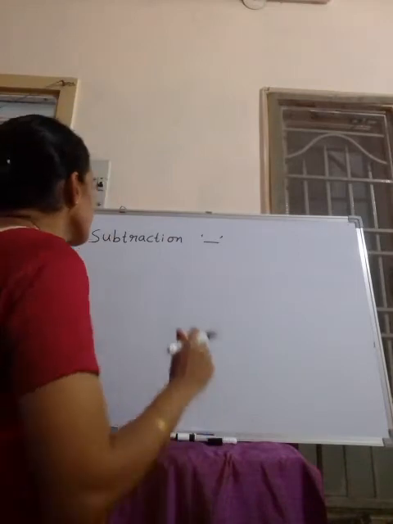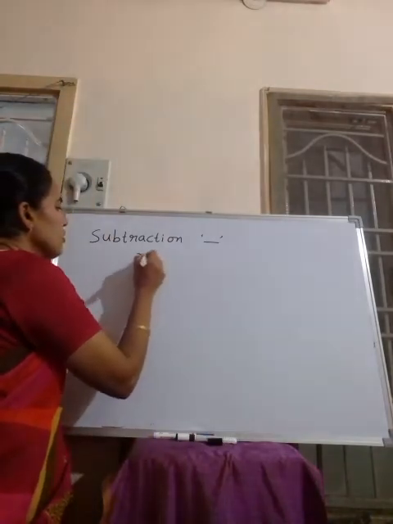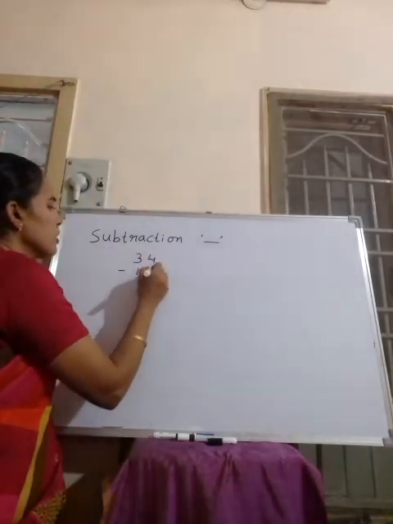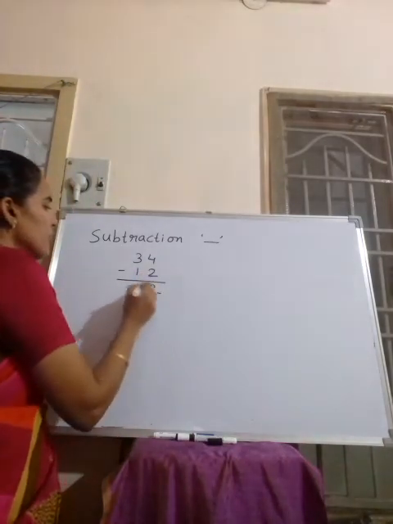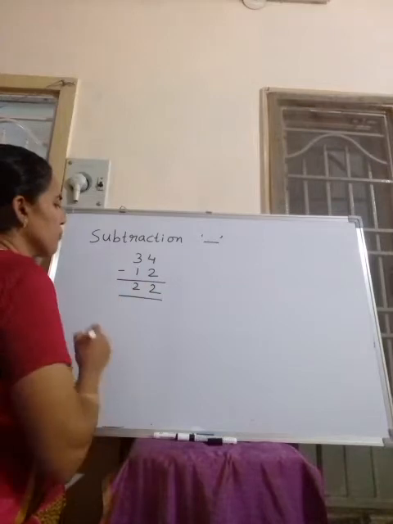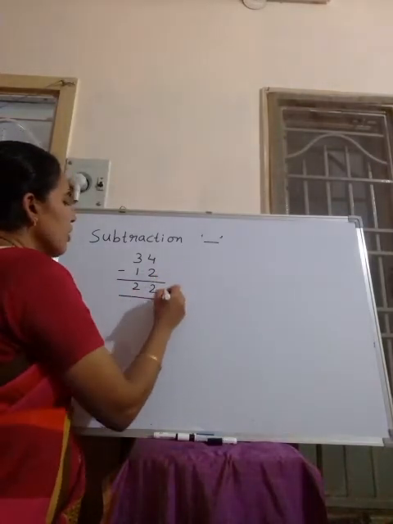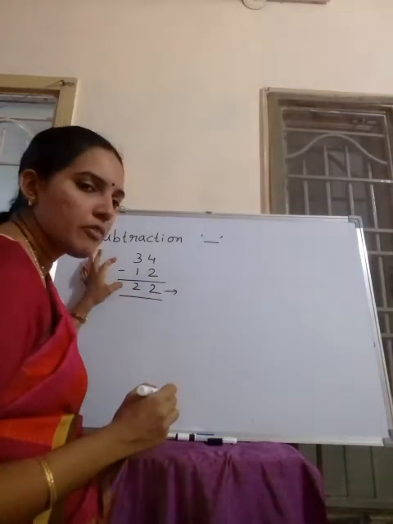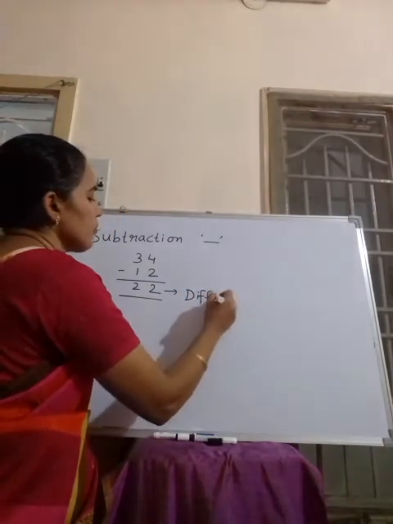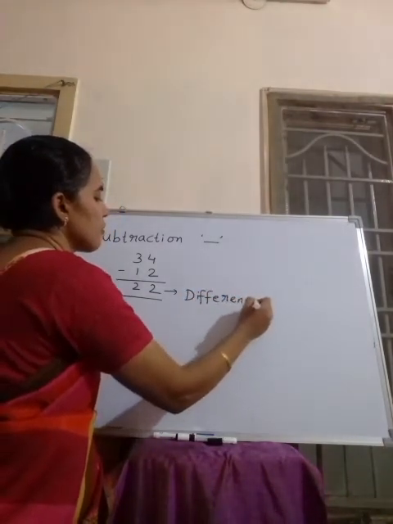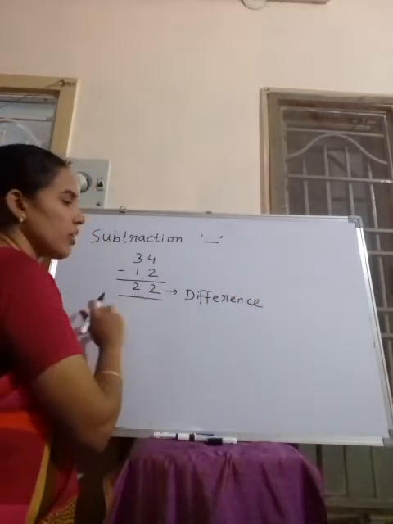For example, 34 minus 12: if we subtract, the difference we get is 22. The result of subtraction, we call it the difference.